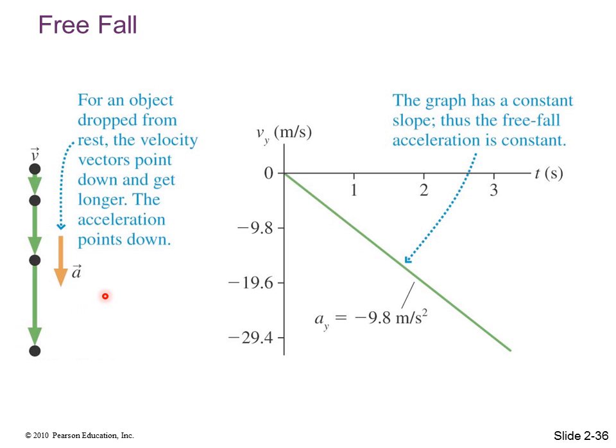And so with this motion diagram, since the velocity vectors are increasing in a negative direction, that's letting you know that the acceleration vector should be included over here, showing that acceleration is in the negative direction. So this is our motion diagram.